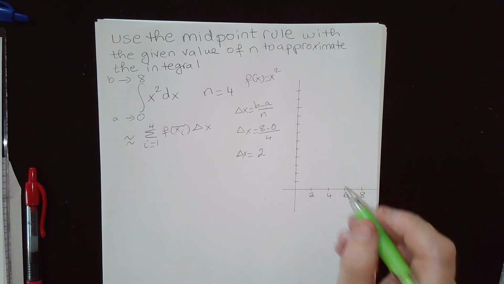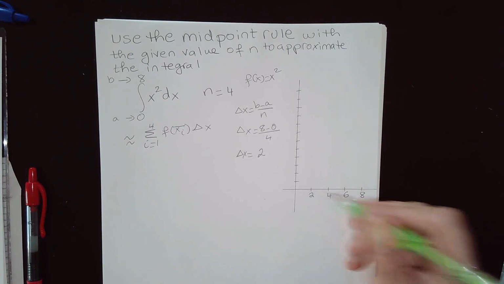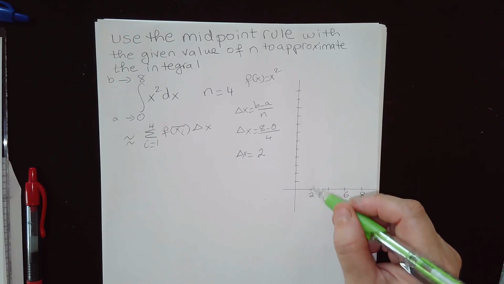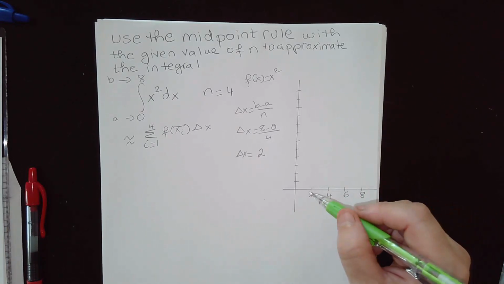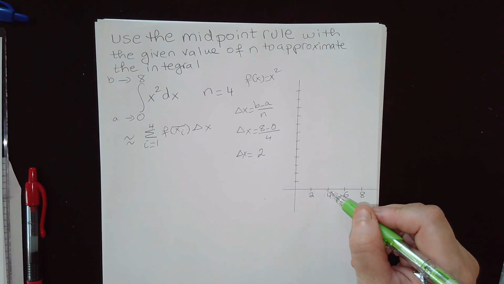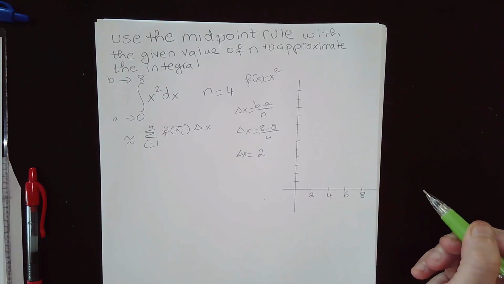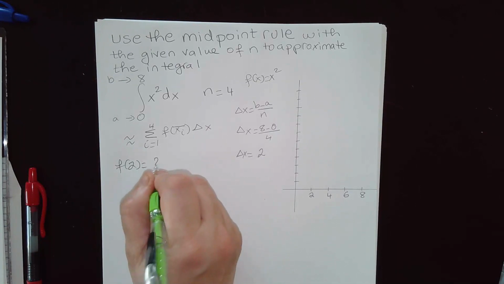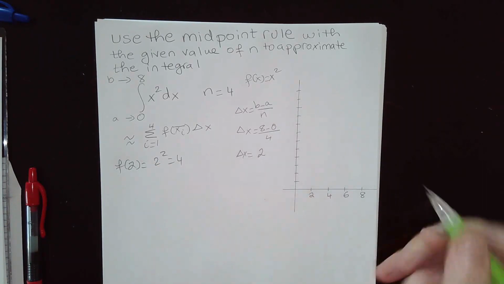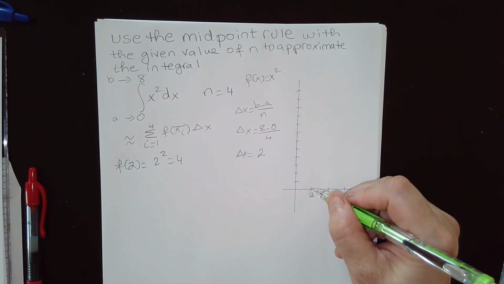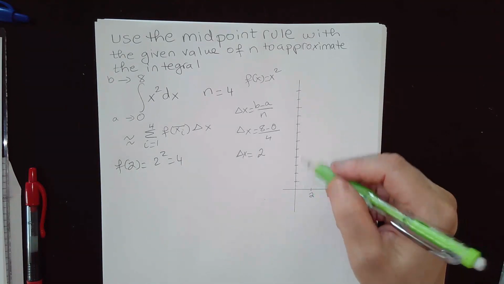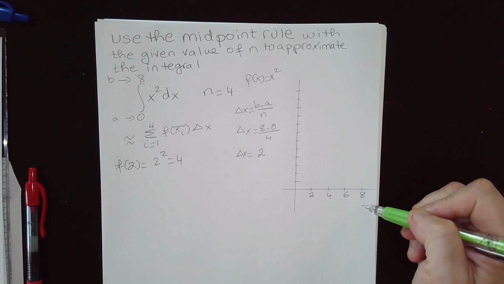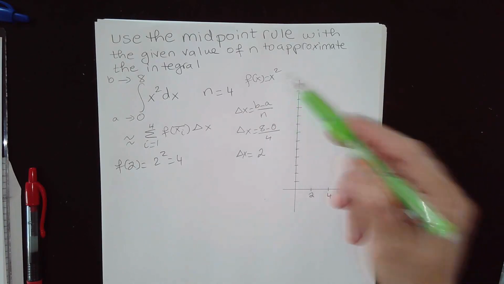We're going to go ahead and find the values of the function, the height of each rectangle. So we need to know f(2), f(4), f(6), and f(8). As you can see, f(2) is 2 squared, which is 4. Oh, by the way, we need to know what the scale is here. When x is equal to 8, f of 8 is going to be 8 squared, which is 64.